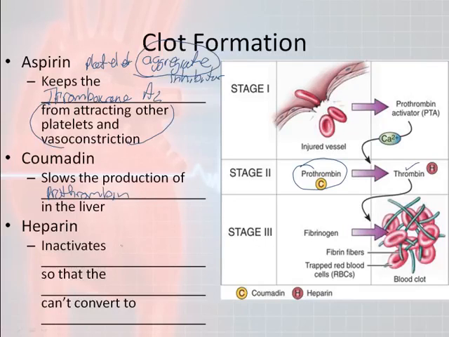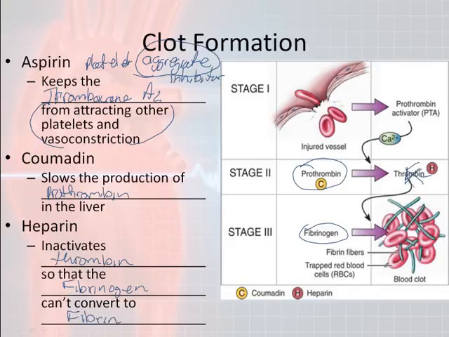Heparin, on the other hand, will actually inactivate thrombin. So when heparin inactivates thrombin, your free-floating fibrinogen cannot convert into the fibrin threads.